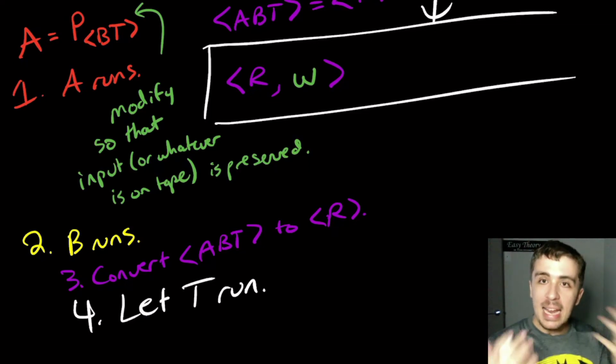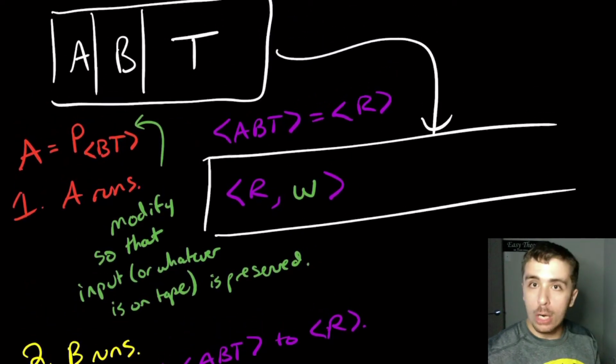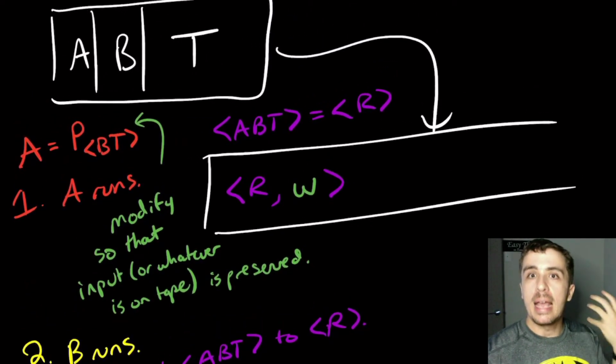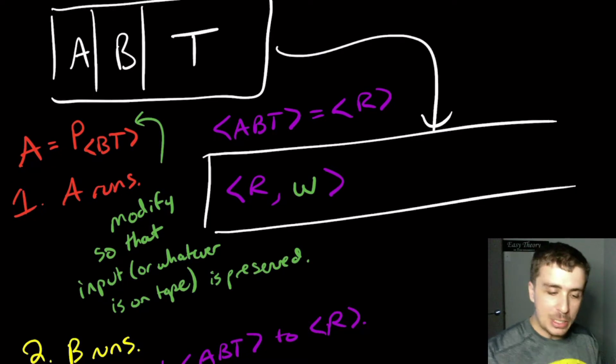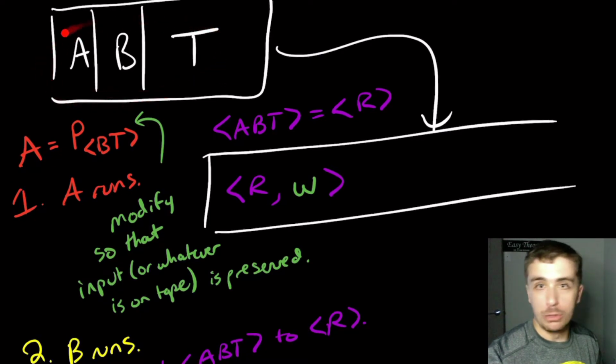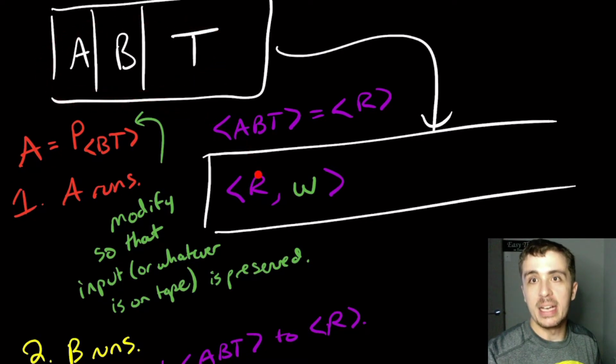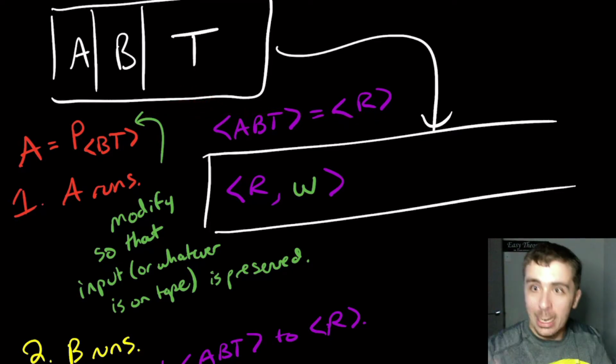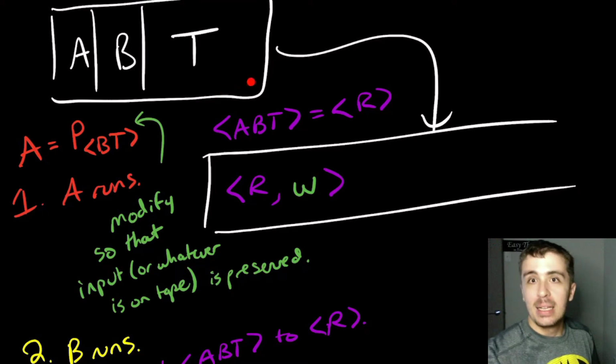So at any point, T was an arbitrary Turing machine, and what we were able to do is to get its own source code, so to speak, written on the tape. So effectively, this R machine is what's actually running, and that's getting its own source code.